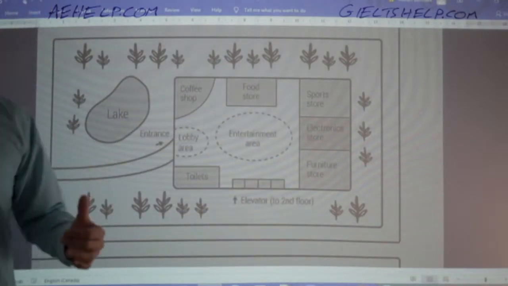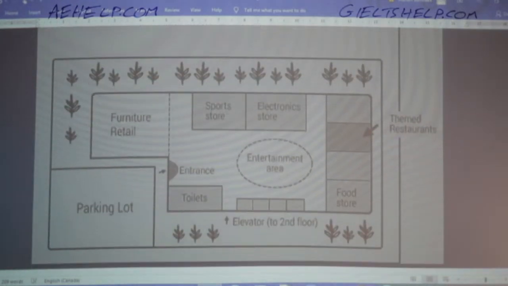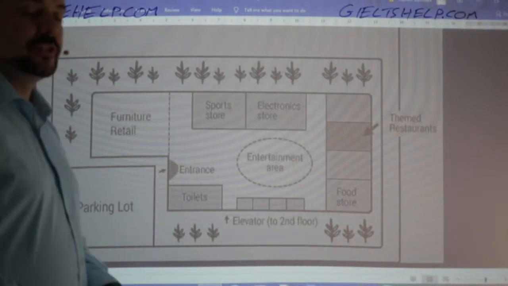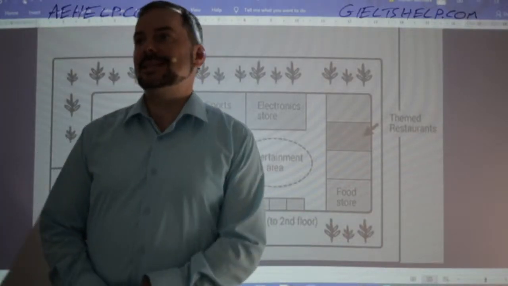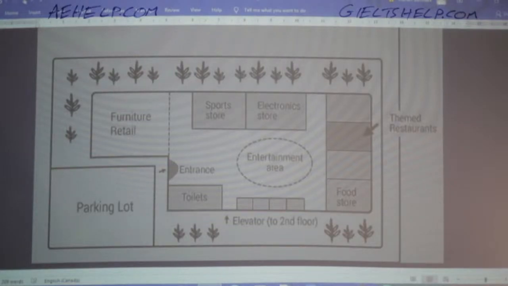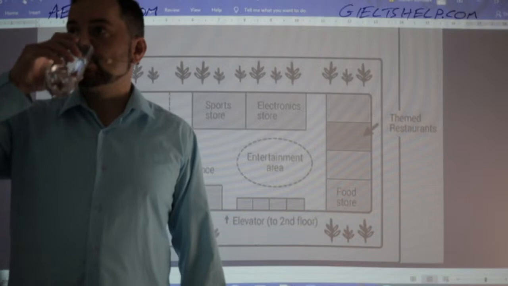Okay, and then here we have the 2012 version of the shopping mall. So what's kind of the most noticeable main feature that we can report in this case? All right. So what do you notice right away?